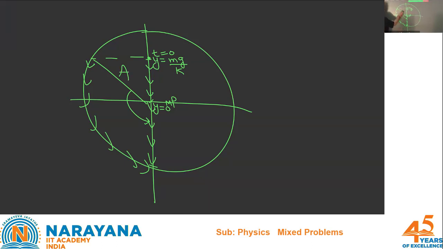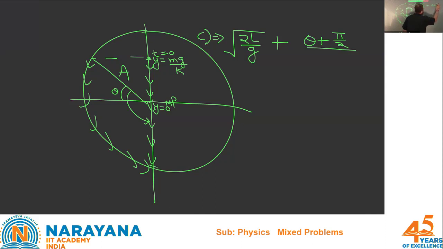So the answer for C part should be root 2L by g, which is the time in air, plus the remaining time. The remaining time is from the phase angle. If this angle is theta, it is theta plus pi by 2 divided by omega. Omega is root of k by m. That is my result. And what can I say about theta here?